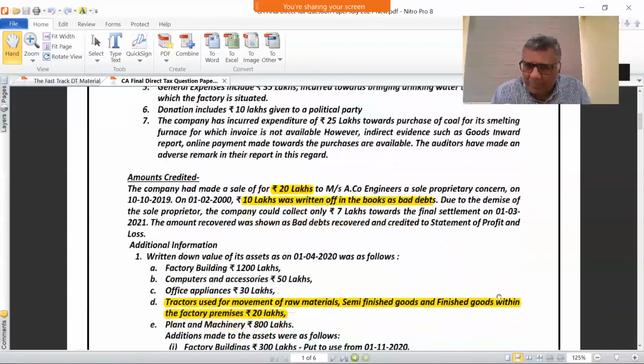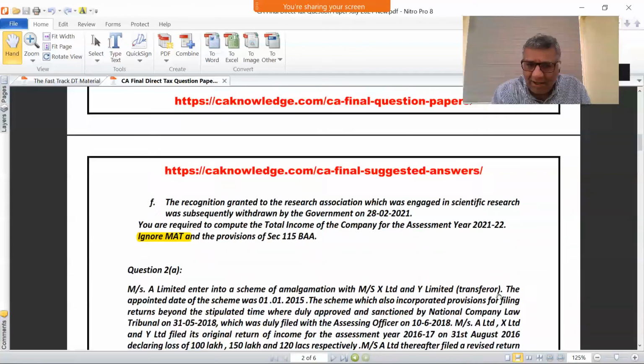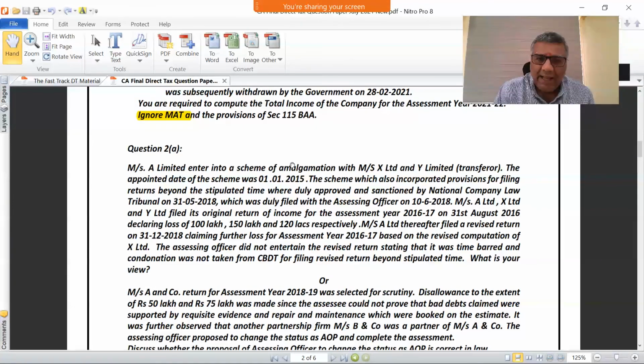This is the question paper where we are. I told you. A Limited entered into a scheme of amalgamation with X and Y, the transferors. The appointed date of the scheme, which also incorporated provisions of returns beyond the stipulated time, was duly approved and sanctioned by NCLT, which was duly filed with the assessing officers. Messrs. A Limited, X Limited and Y Limited filed their original returns on 31st August, declaring losses. Messrs.